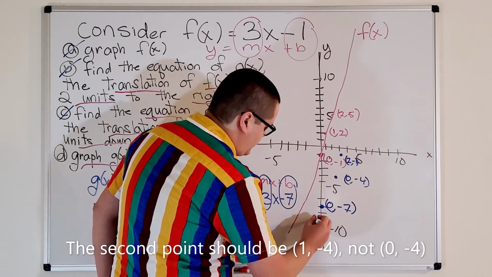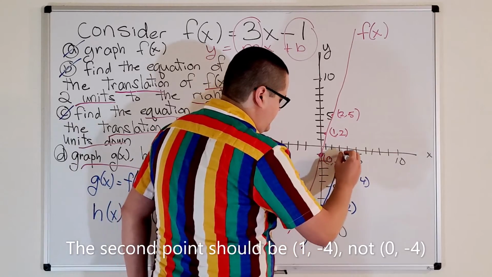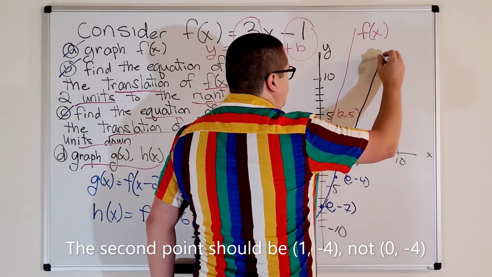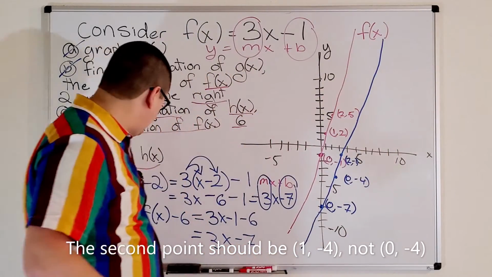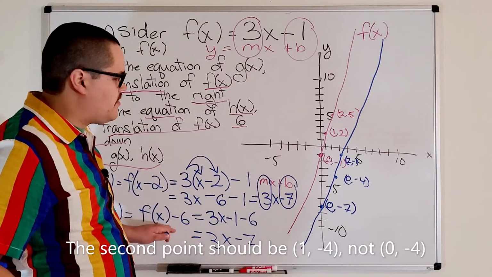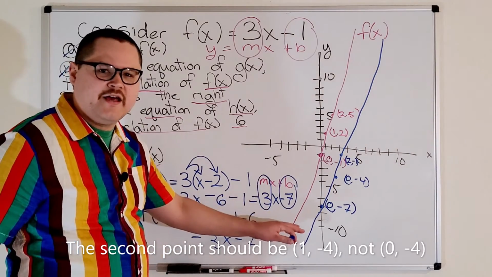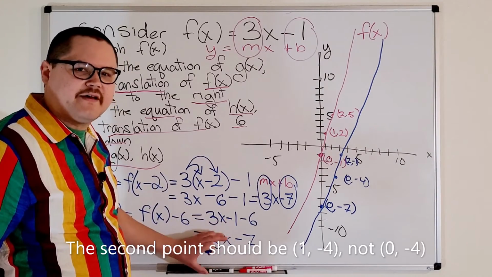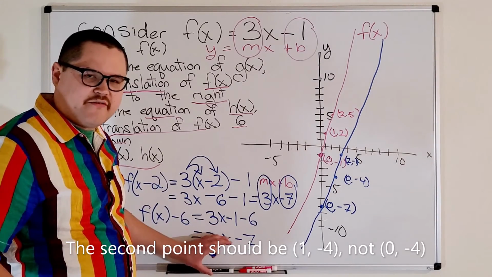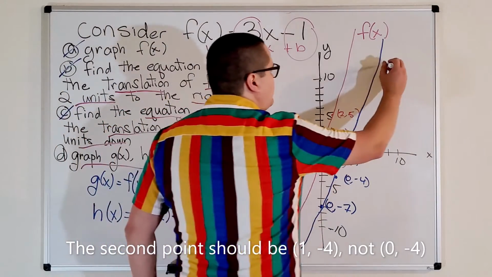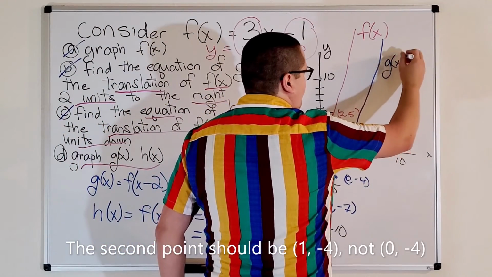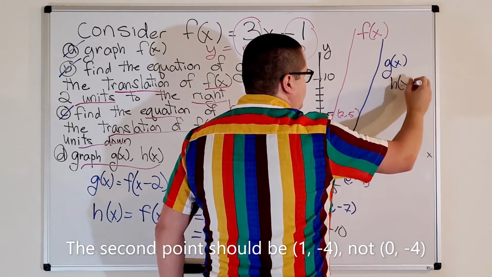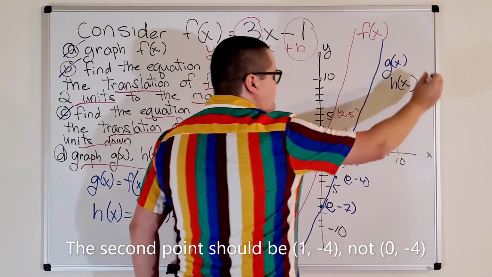And we can connect the dots. So this is the graph of the line of g of x, which is allegedly the same as the line, which is the graph of h of x. This is the graph of g of x and h of x because they're equal.